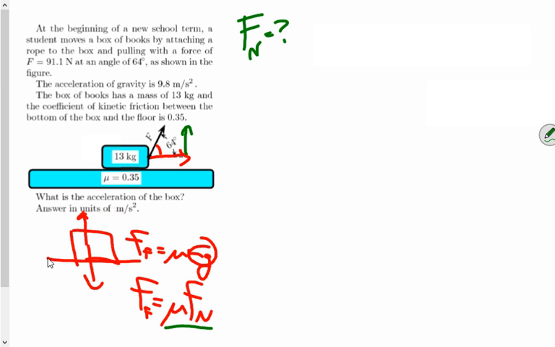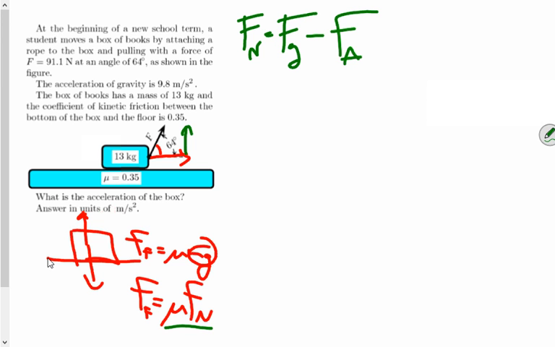Okay? So first thing is this. We're going to say that the normal force is equal to gravity pushing down minus the vertical piece pushing up. So we have gravity pulling straight down, and then minus the force applied, but only the force applied going up and down, which I would use the letter Y. You could also just say vertical.